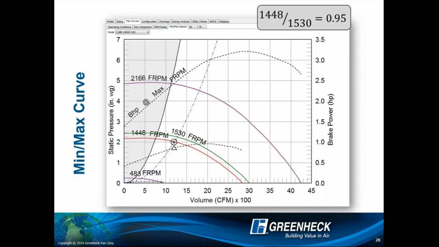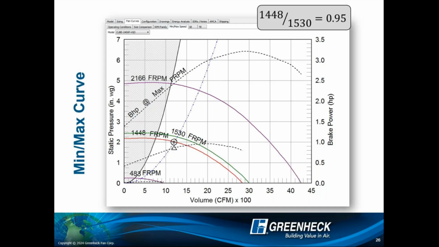Right now, mind you, weight of the fan just went up with each decision. Cost of that fan went up with each of those decisions, right? A larger motor is going to cost more. But what is the range that makes this a good selection for this engineer in this project?